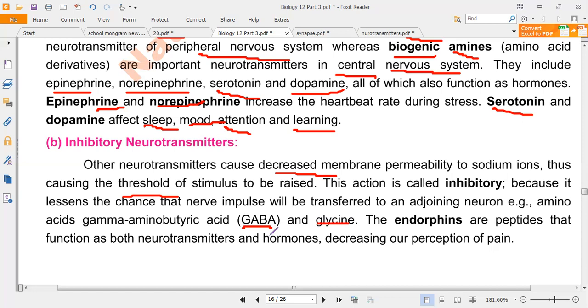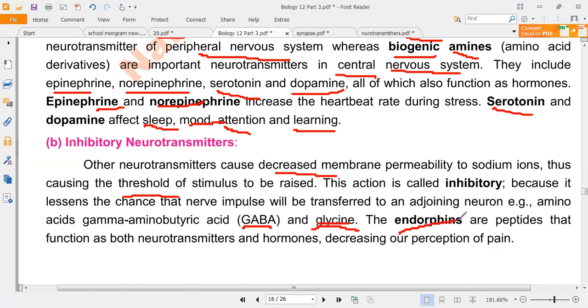GABA regulates anxiety and tension, while glycine regulates the immune system to limit unhealthy inflammation as well. So they act positively, but they inhibit the process.